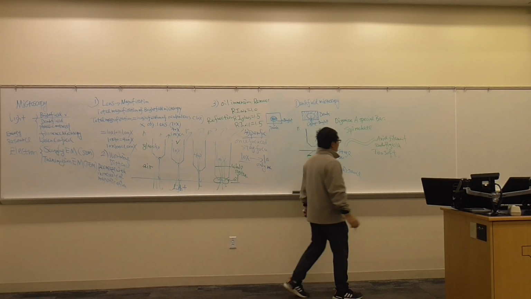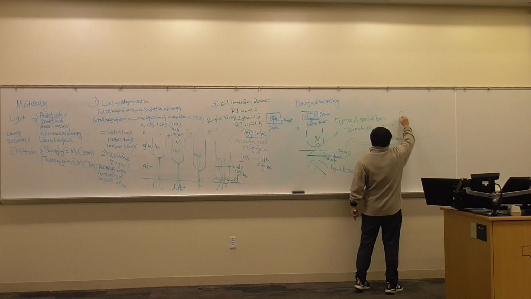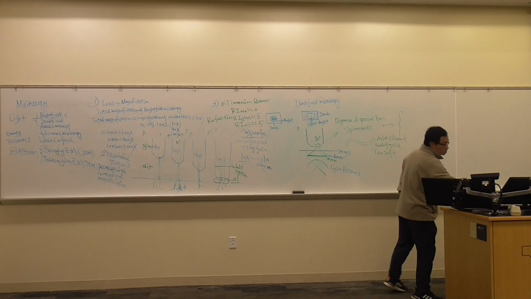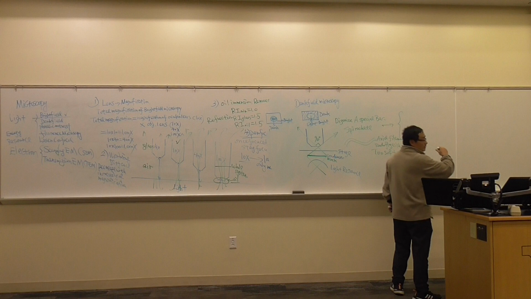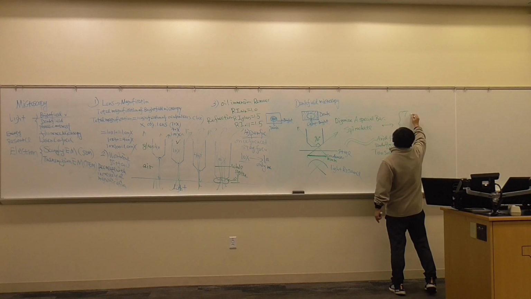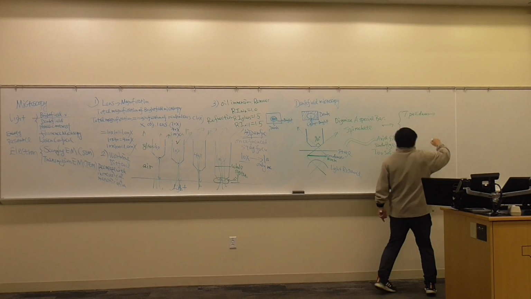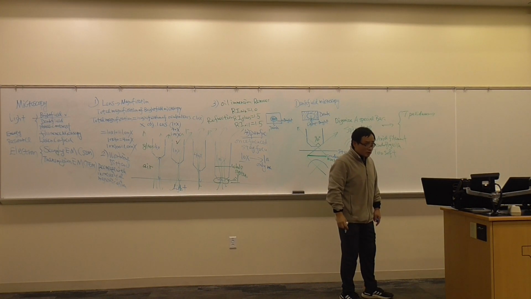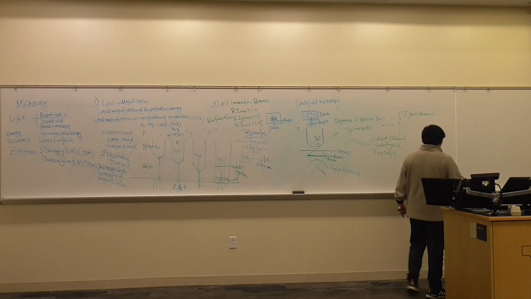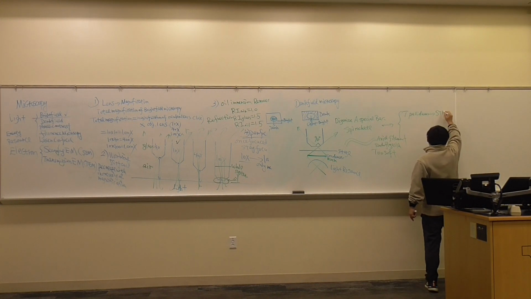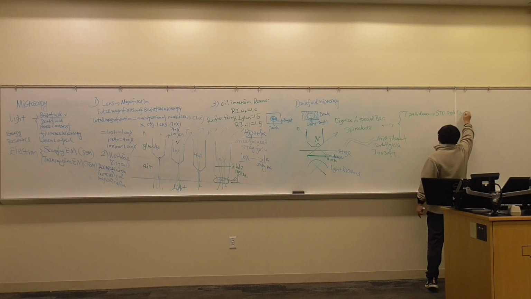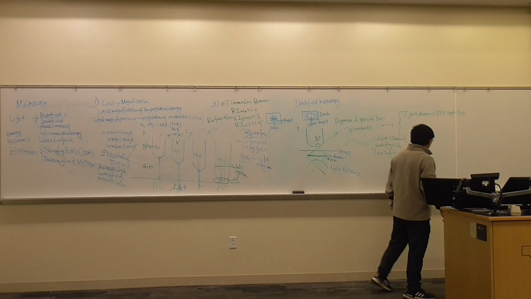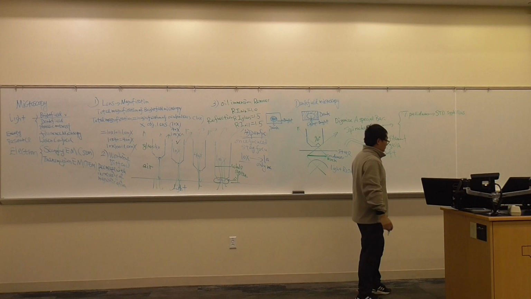What are the examples of spirochetes? This is the first one. Treponema pallidum. Why is this important? This will cause the number one sexually transmitted disease in the world, syphilis. It is Treponema pallidum.